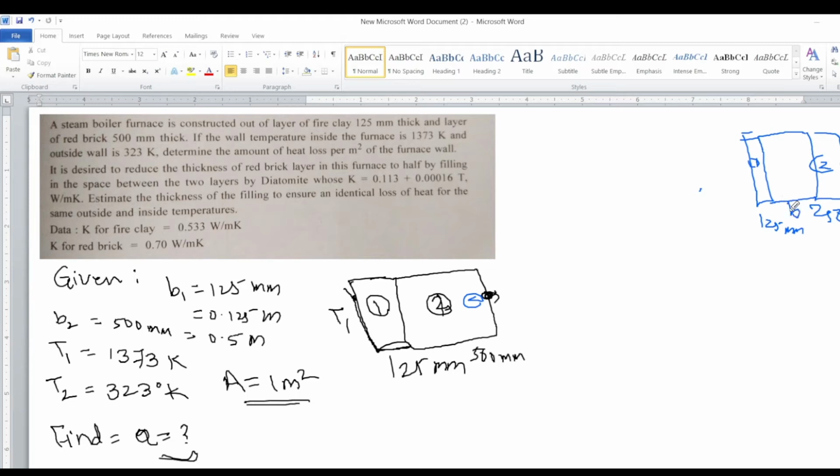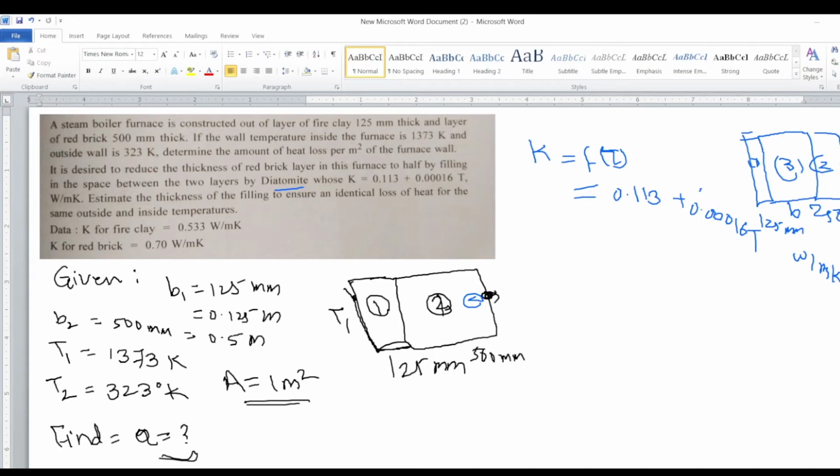Suppose its width will be P, material 3, filled with diatomite, with thermal conductivity K a function of temperature, equal to 0.113 plus 0.00016 T in watt per meter Kelvin.